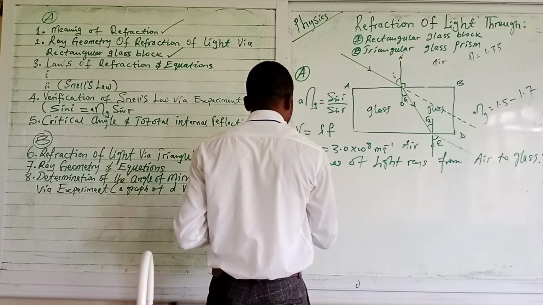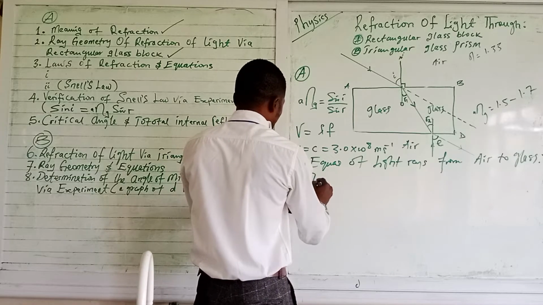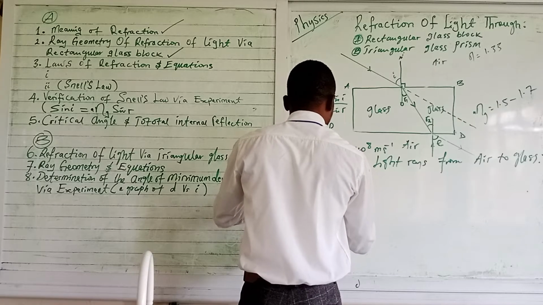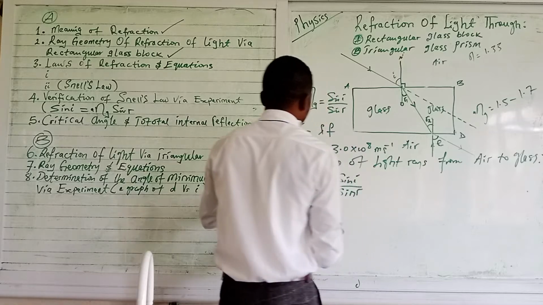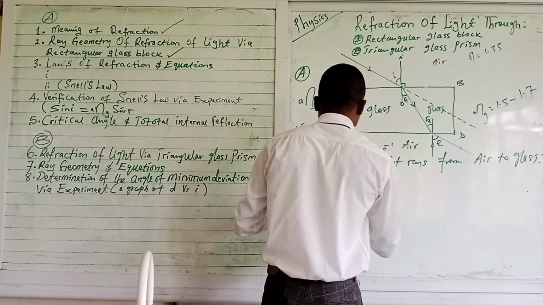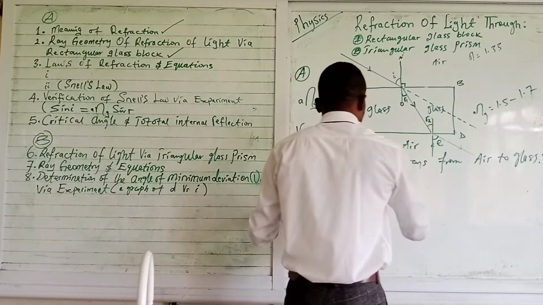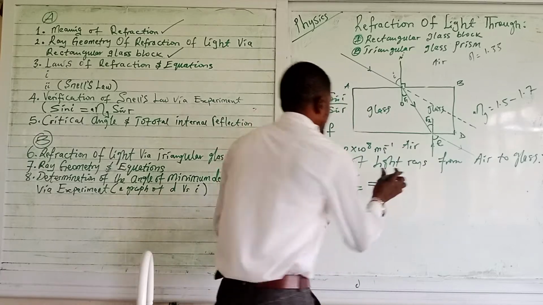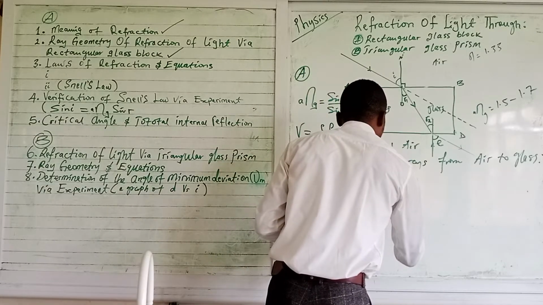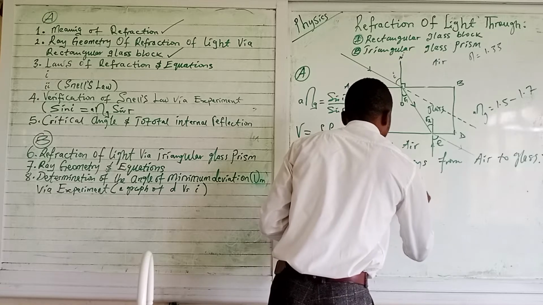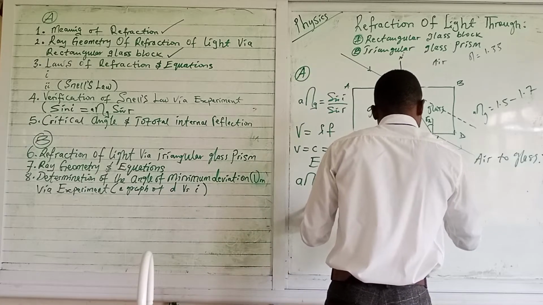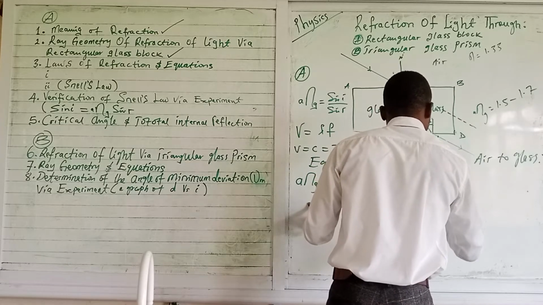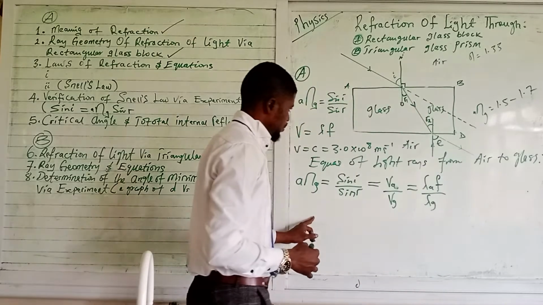We say that the refractive index of air with respect to glass is given as sine I over sine R. And this refractive index is the same thing as V1, or V air over V glass, which is the same thing as the wavelength of air times the frequency over the wavelength of glass times the frequency.